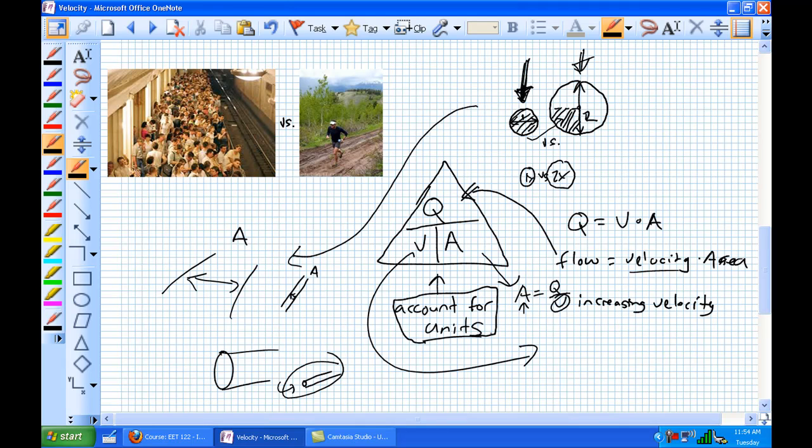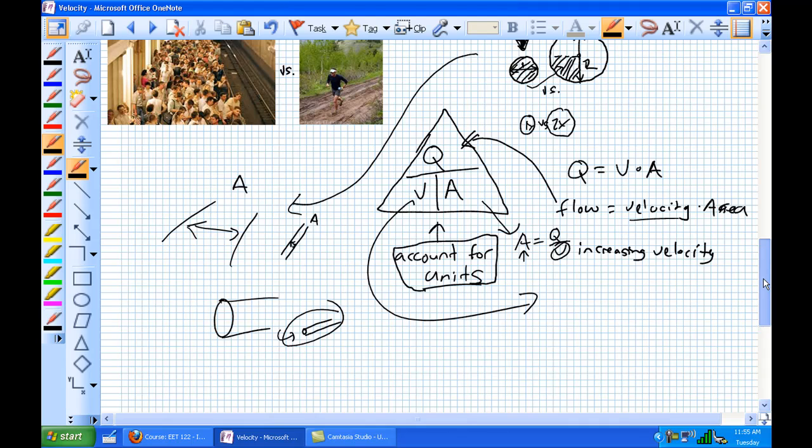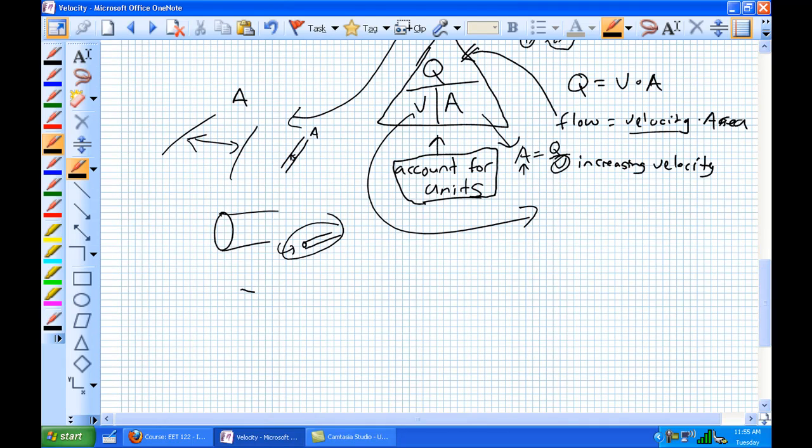Now we got to start accounting for the units. Okay, let's say we've got a flow rate of 5 gallons per minute. And it's going through, let's see, an area, yeah, just a 1-inch internal diameter pipe. What's the velocity in feet per second? Okay, so 5 gallons per minute is crowding through that particular area.